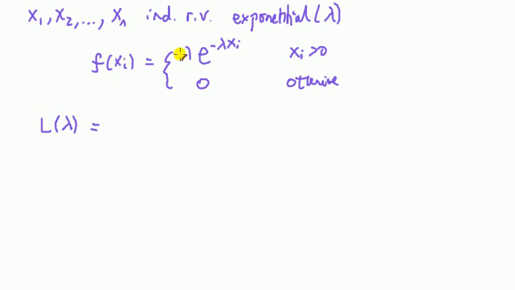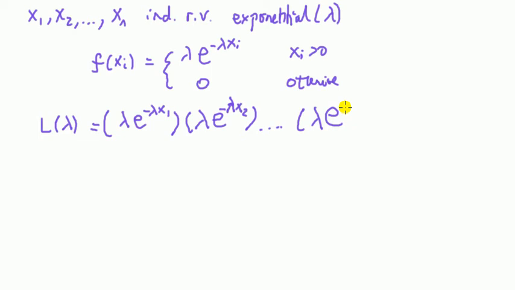This is the marginal PDF for the first observation, so I put 1 there, with brackets around it. Then the second one, and you can see a pattern repeats, until we get the final observation xn.